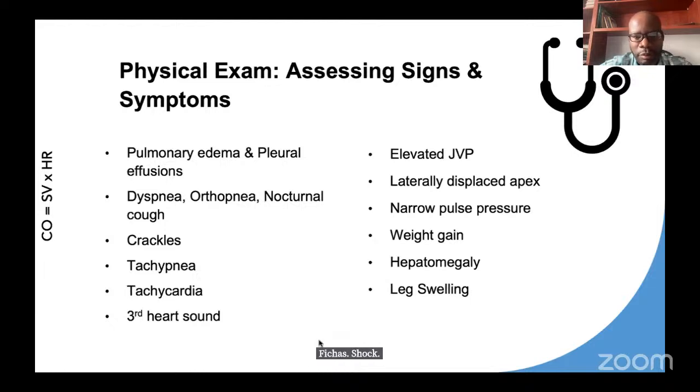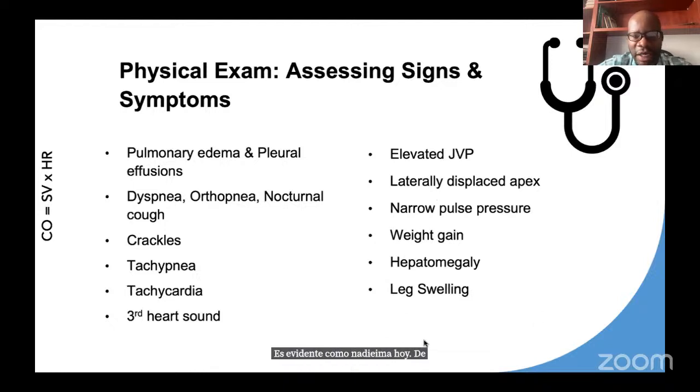In terms of respiratory parameters, you look for dyspnea with tachypnea, orthopnea, and nocturnal cough. You can have crackles with evidence of pulmonary edema or even pleural effusion.